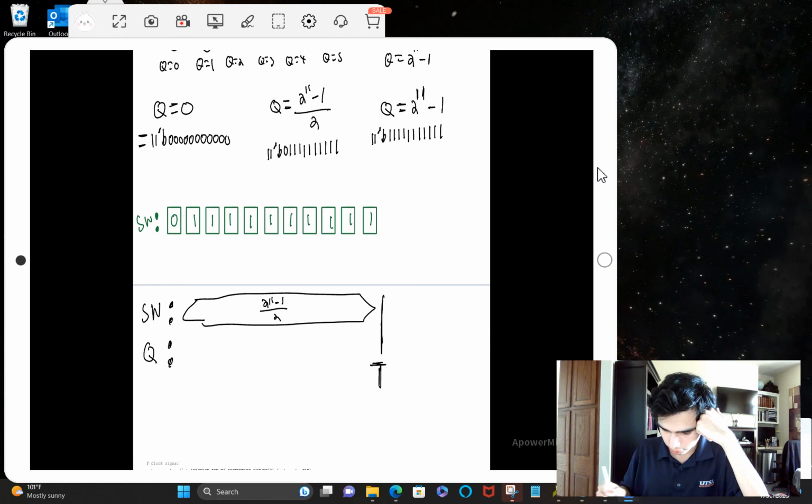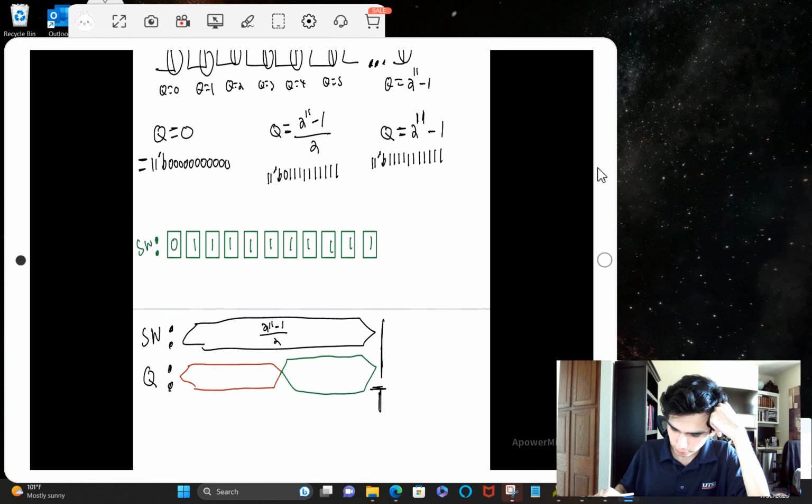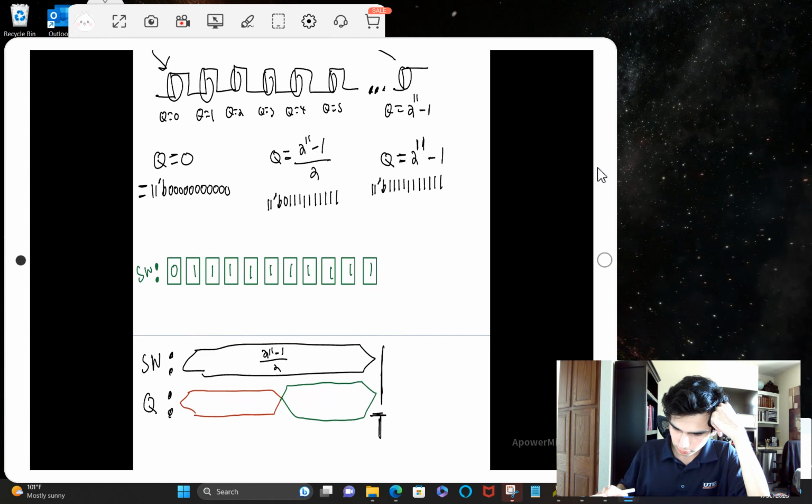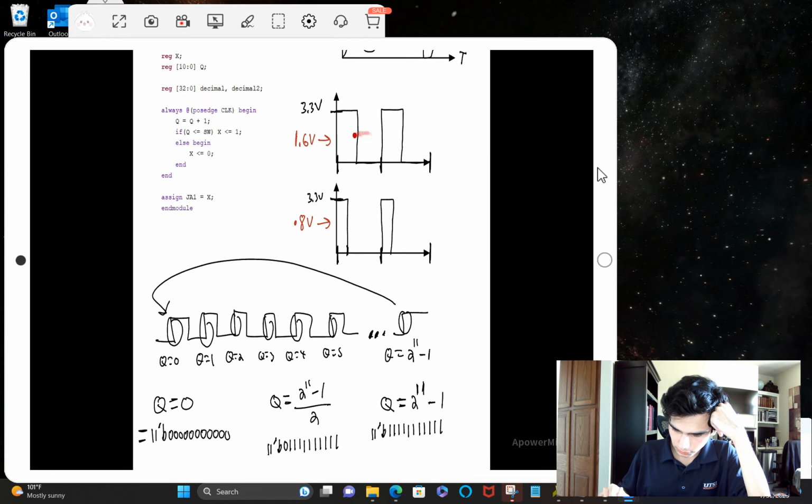And for half the time, Q is going to be a value that's less than that number, and for the other half, going to be greater than that number. This is going to happen.